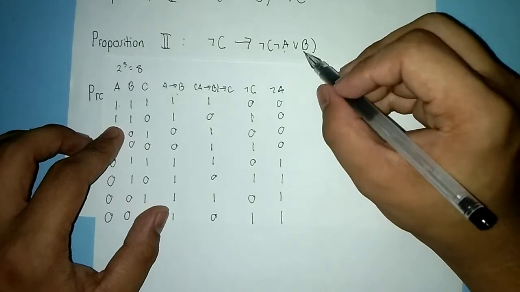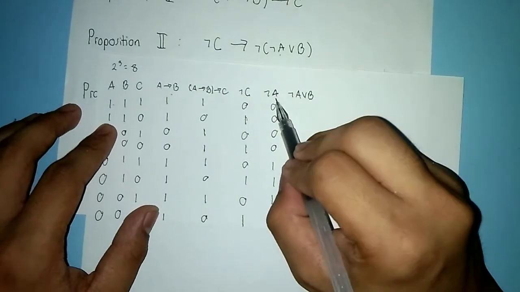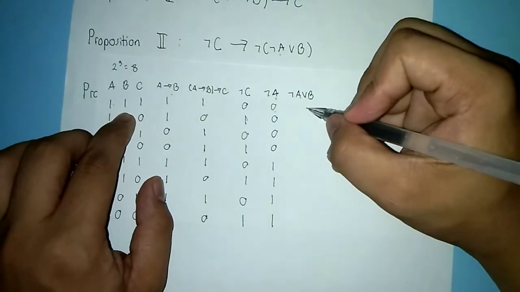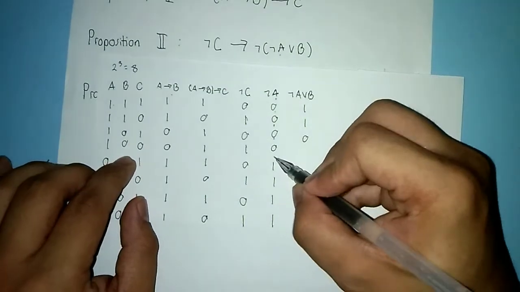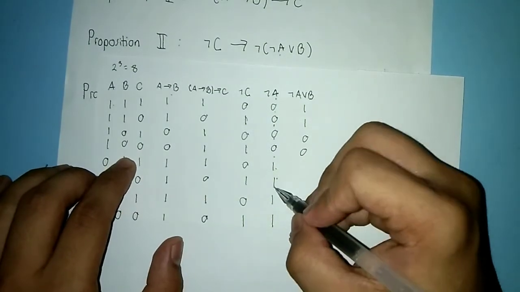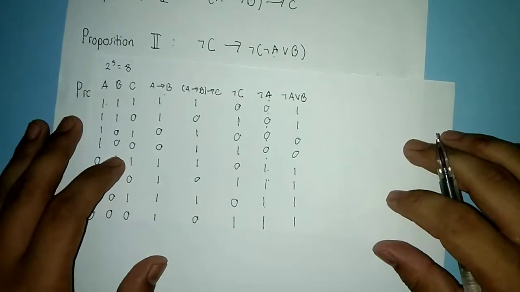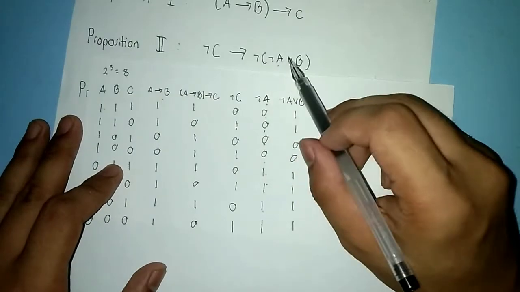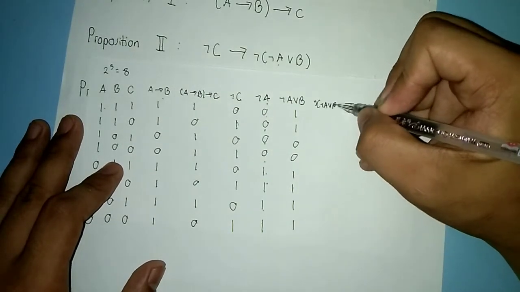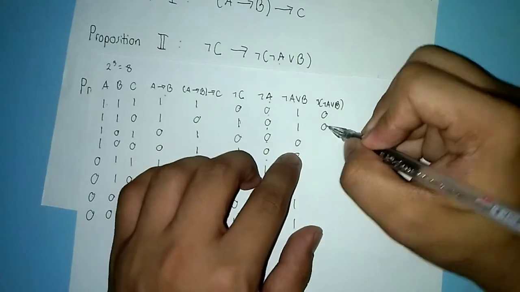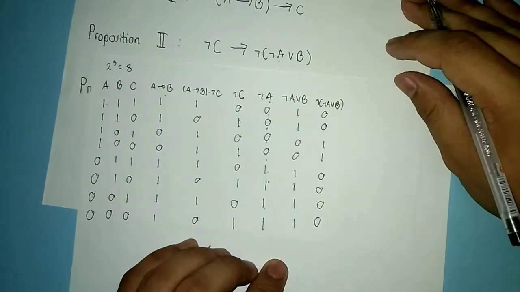Then, let's have not A or B: 0 or 1, 0 or 1, 0 or 0, 0 or 0, 1... These are all 1s now. Next, not the quantity not A or B: we have 0, 0, 1, 1, 0, 0, 0, 0.